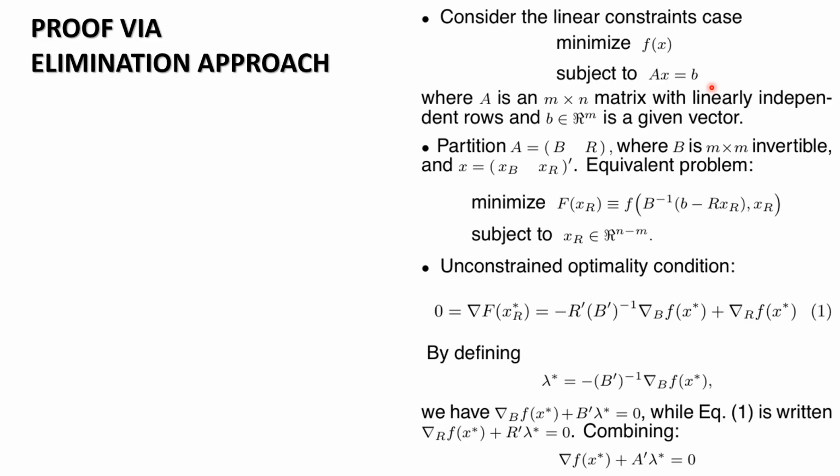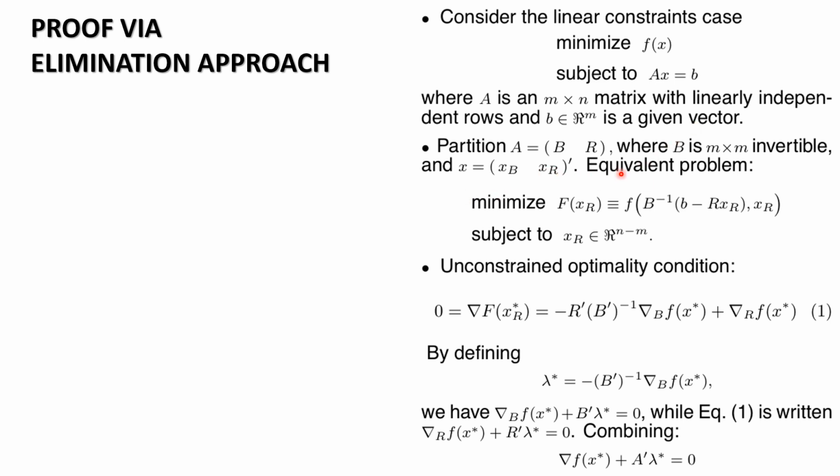where A is an m by n matrix with linearly independent rows, and b from the set R^m is a given vector. And here f is continuously differentiable, the rank of matrix A is m, and b is a constant vector.